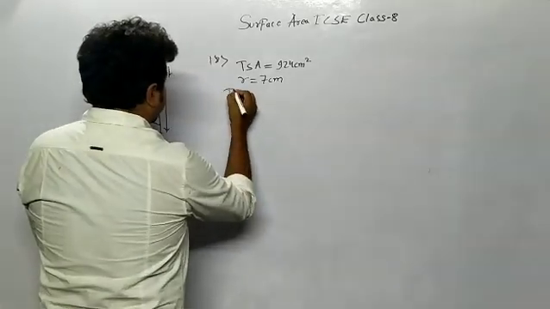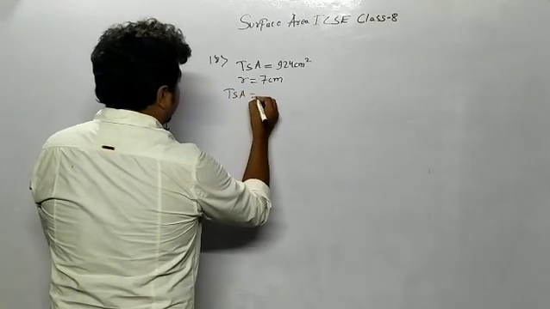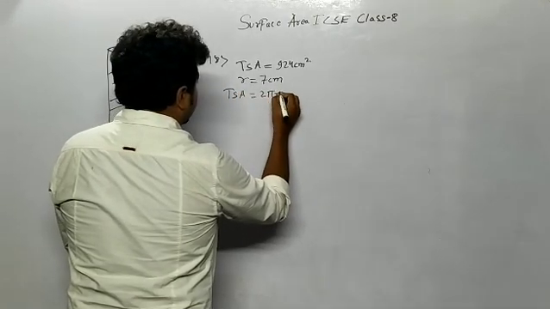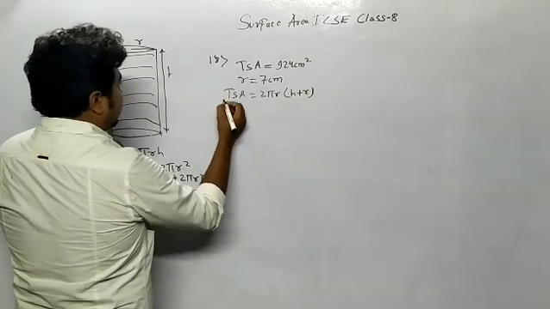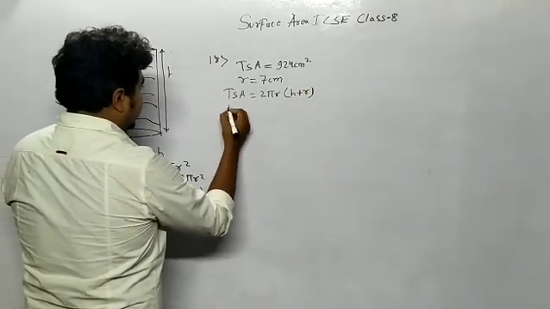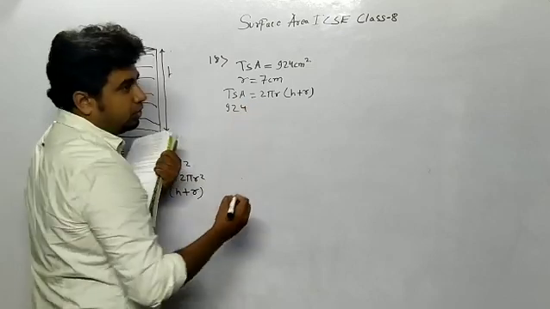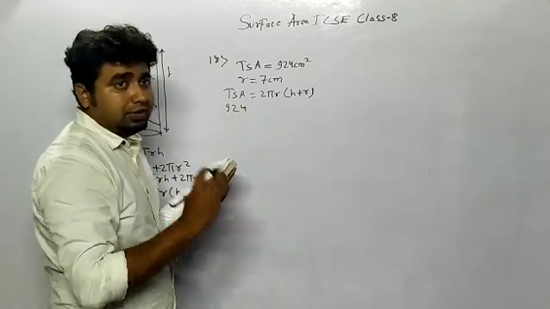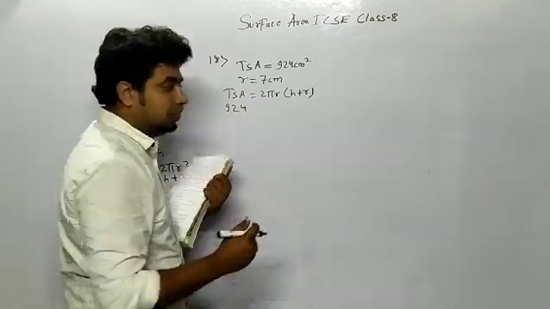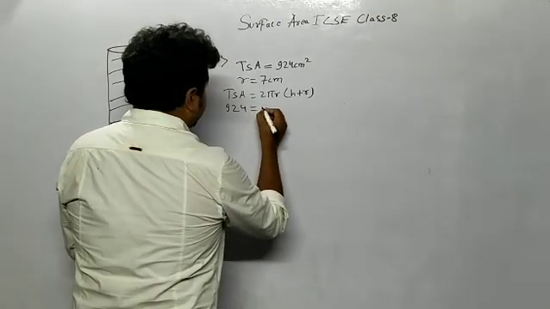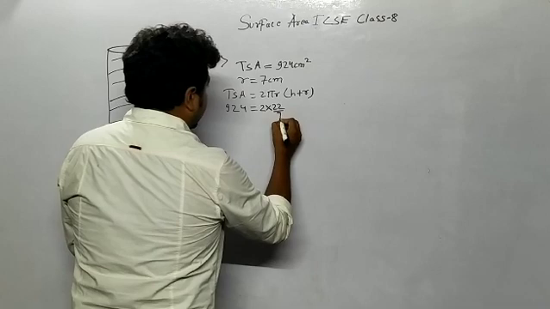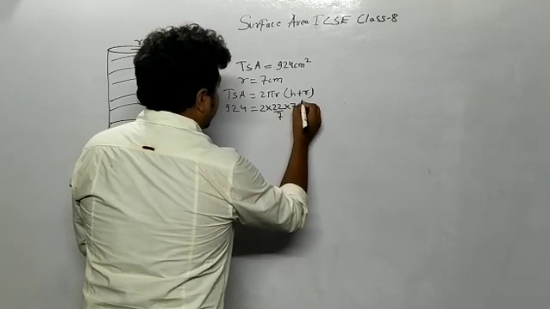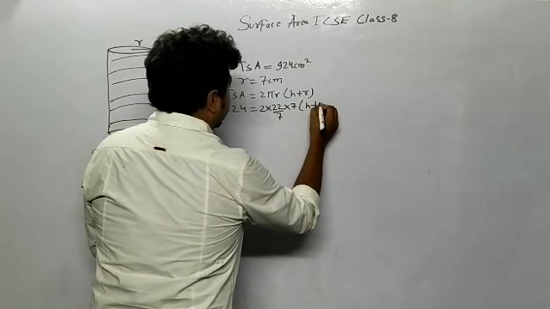Total surface area we can write as 2 pi r times h plus r. Whatever thing is given, you have to proceed in that way only. So 2 into 22 by 7 into 7 times h plus 7.